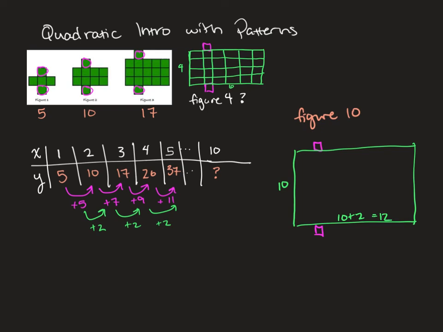And then I can figure out how many there are in figure 10. In figure 10, there's going to be 10 times 12. That's going to be the area of the rectangle, plus 2 for this cube right here and this cube right here. So 10 times 12, that is 120, plus 2, that would get me 122.